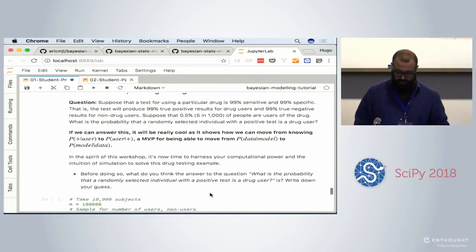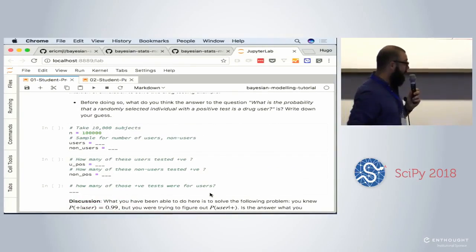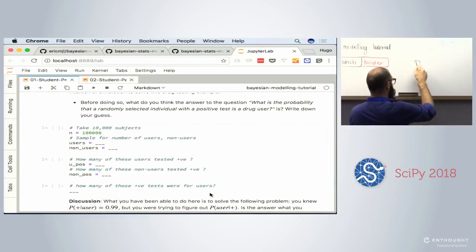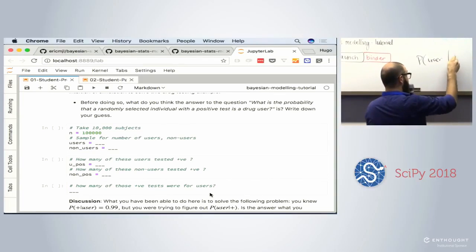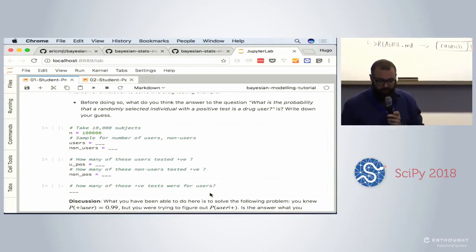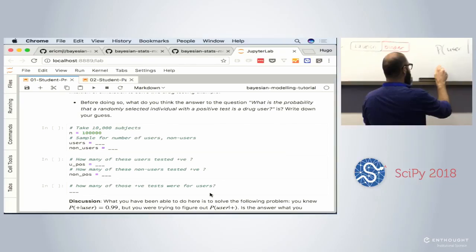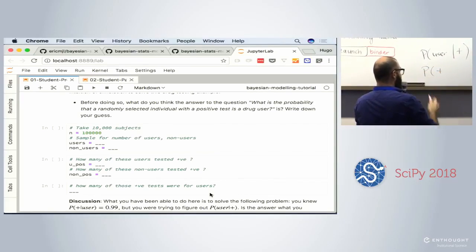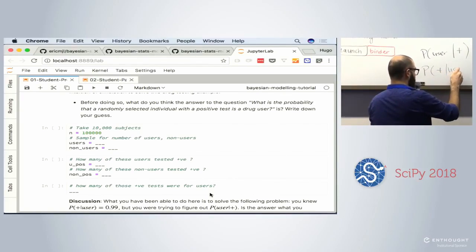So what we're actually thinking about here is calculating the probability of them being a user given they have a positive test, okay? But what do we know? We know that it's 99% sensitive, which means we know the probability of them having a positive test given they're a user.